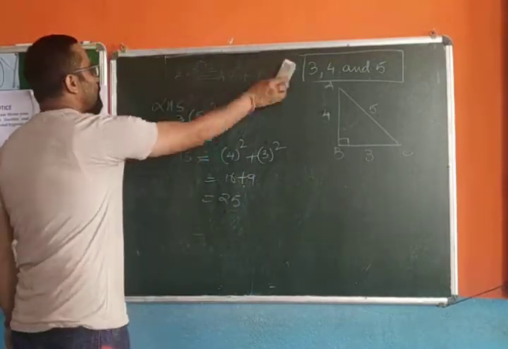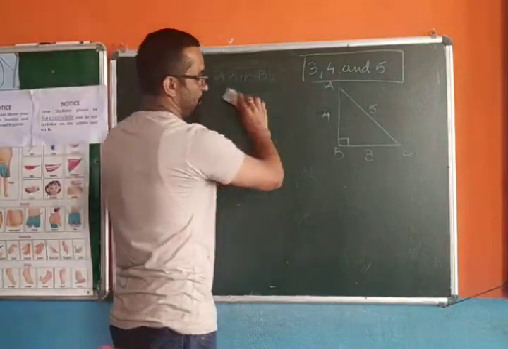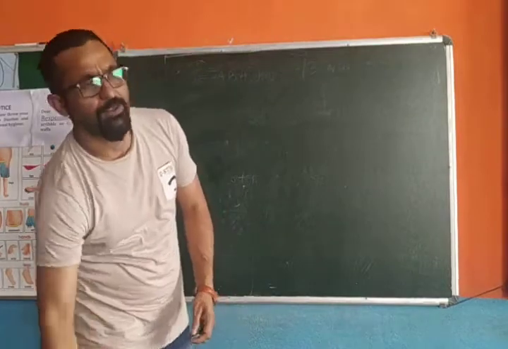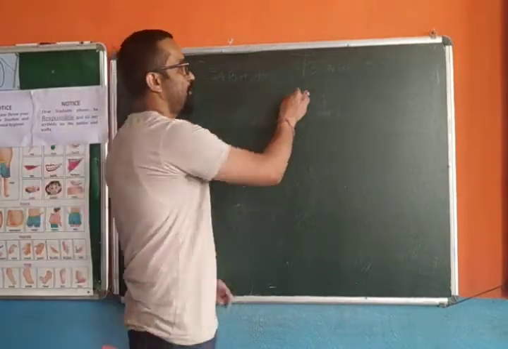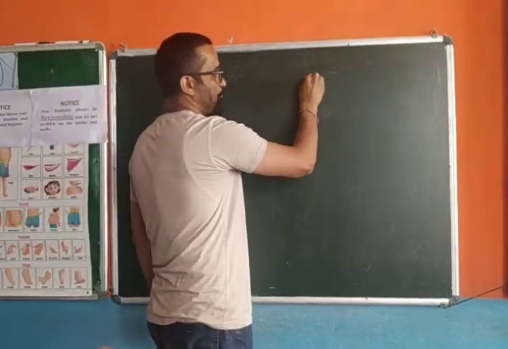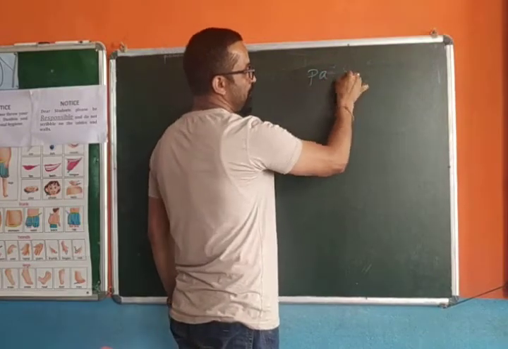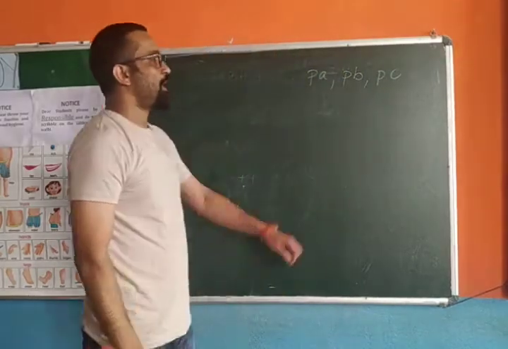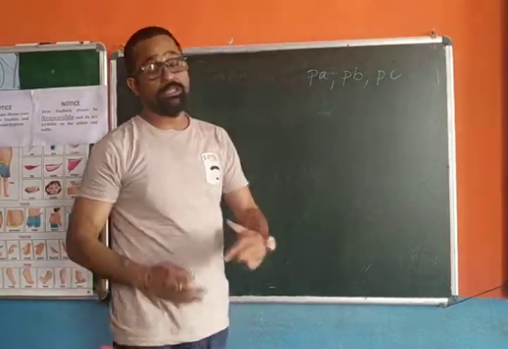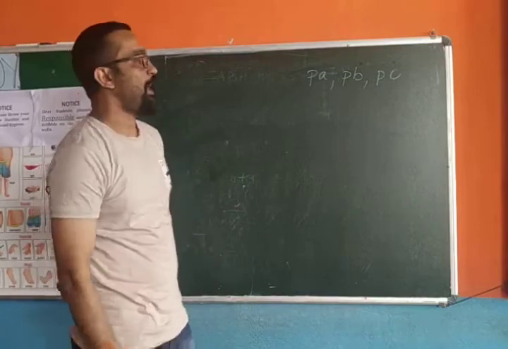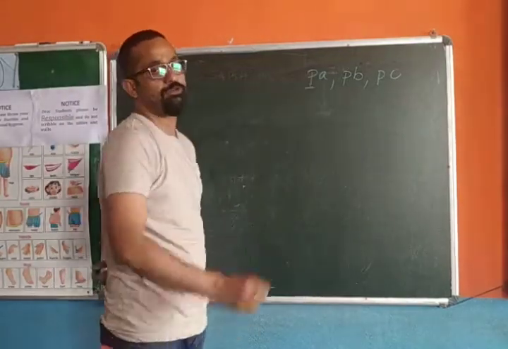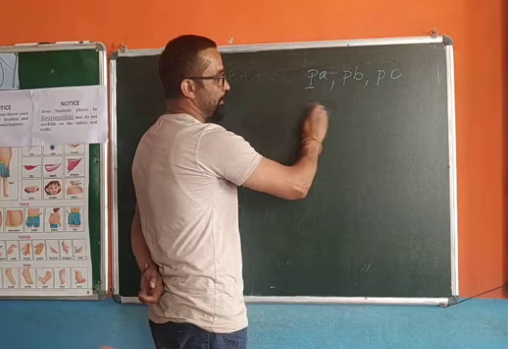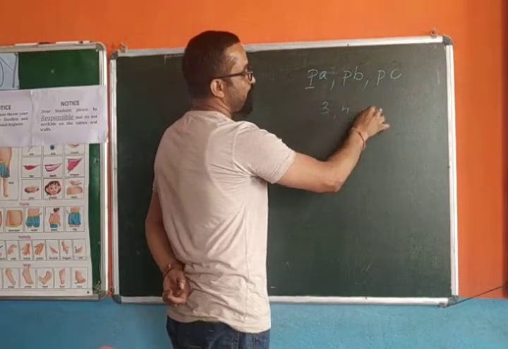In order to calculate the remaining Pythagorean triples, remember this simple formula: Pa, Pb, Pc. A, B, C are the sides of the triangle and P is a real number. So the first Pythagorean triple is 3, 4 and 5.